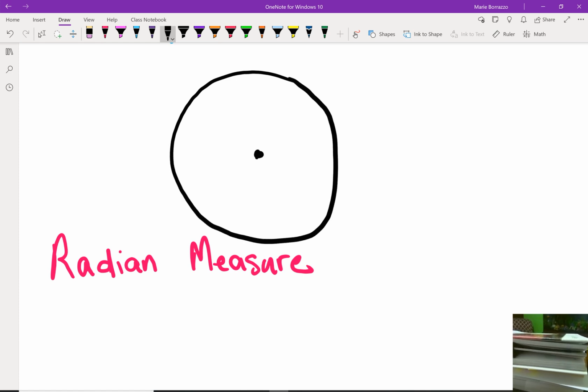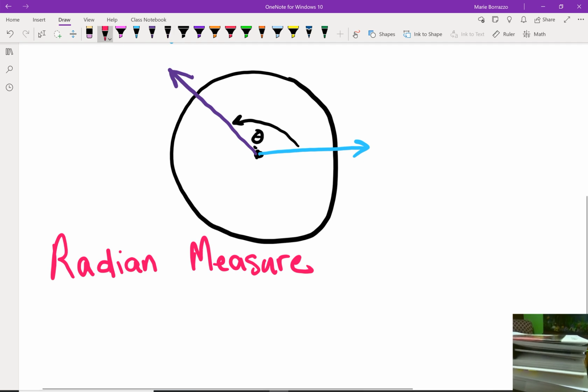Here's the center of our circle. You have the initial side, which is always going to be sticking out this way in this case. You have another side sticking out this way. This is the terminal side. And in this case, our angle is theta opening up this way. And you have an arc length.